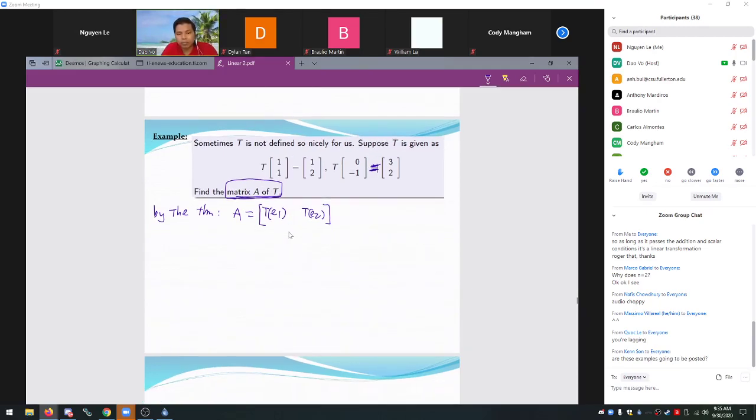So again, we can write E1 as a linear combination of (1, 1) and (0, -1).